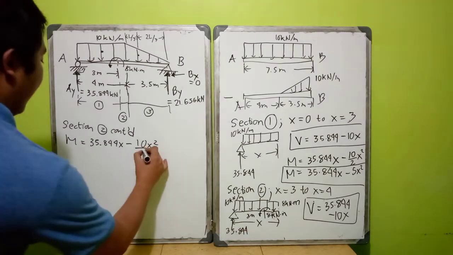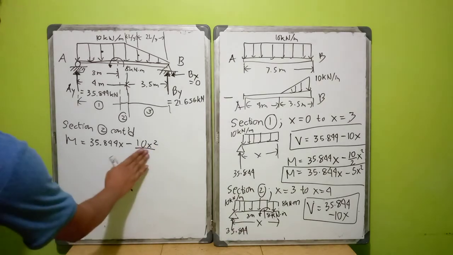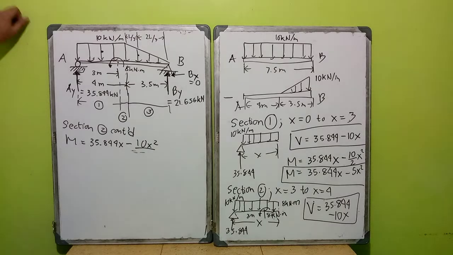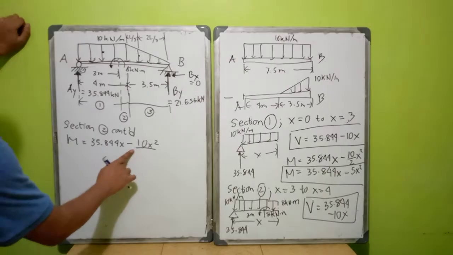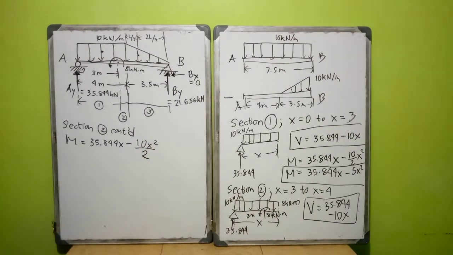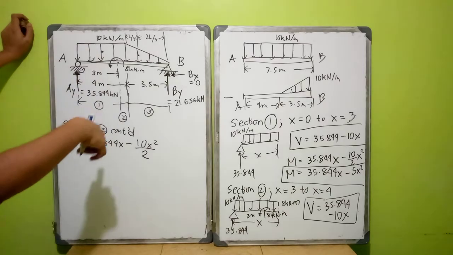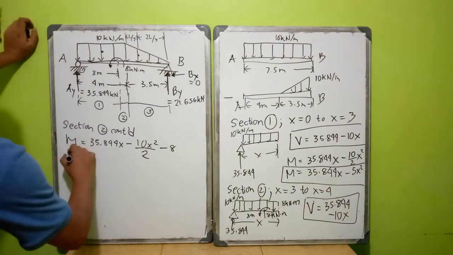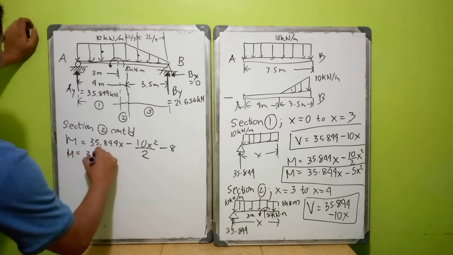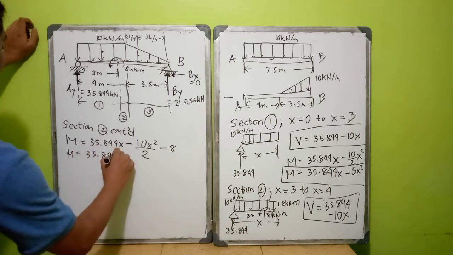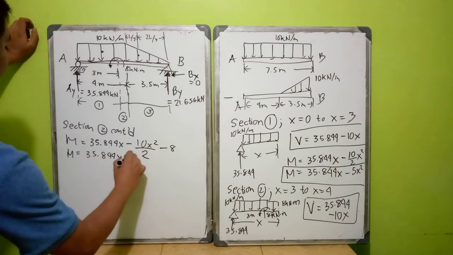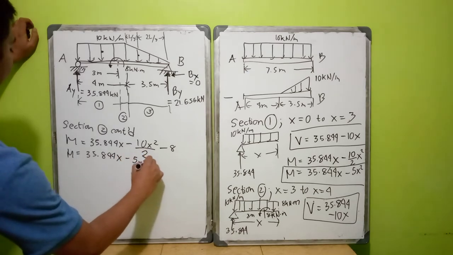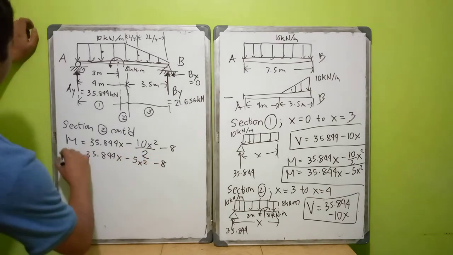Okay, so there is a counterclockwise moment load. If it is counterclockwise, it will be negative. If it is clockwise, it is positive. So it will be minus 8. So we will have M is equal to 35.844 x minus 5x squared minus 8.